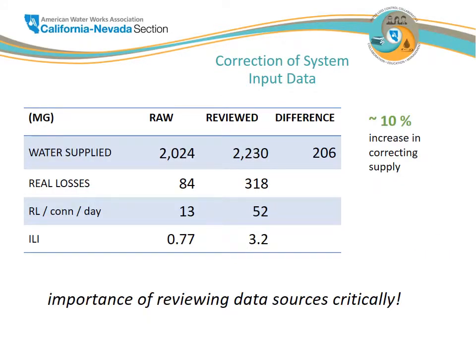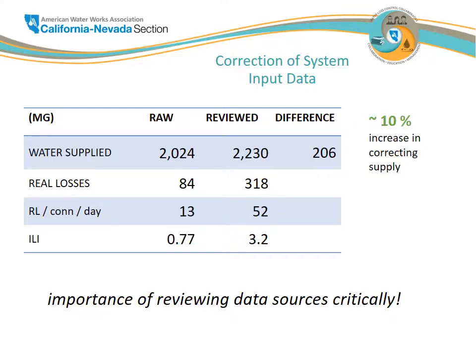Here you can see that I've changed my water supplied volume a fair amount. I've increased the volume, I've recovered volume, I've corrected for issues to find that the true volume of production for my system during this audit period was 206 million gallons above where my data suggested at the start.